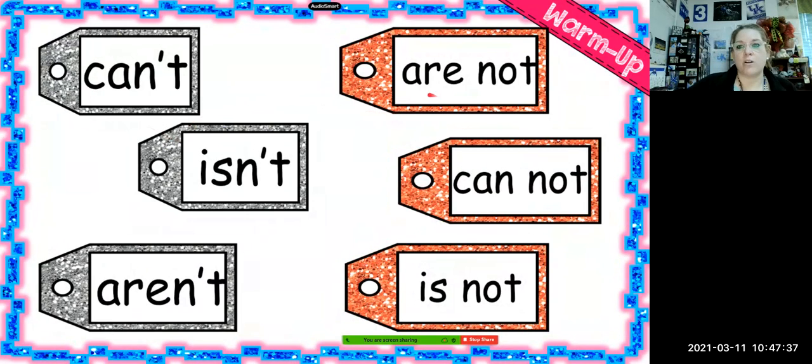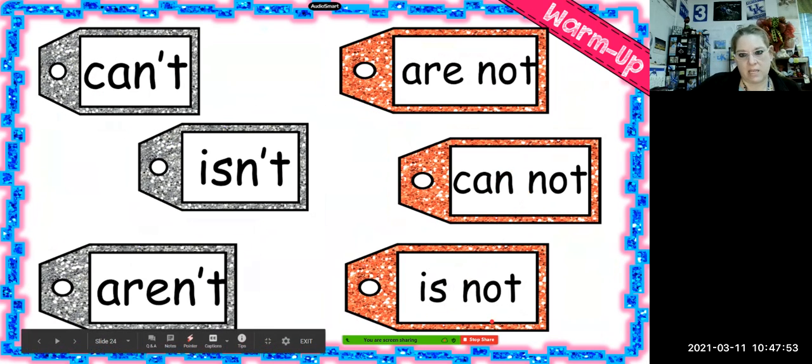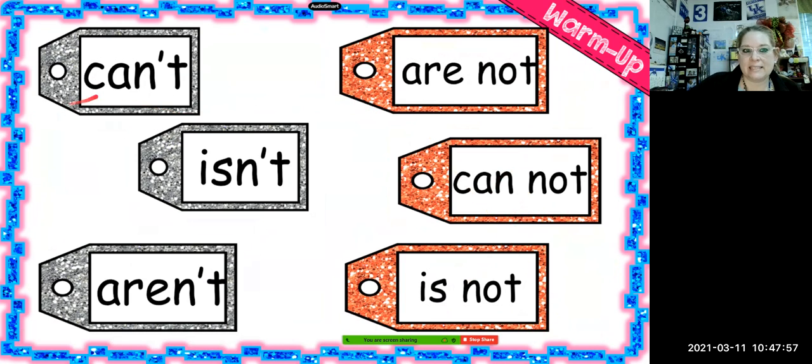So, does are not start with can? No. Does cannot start with can? Yeah, it does. But remember, we always need to check all of our possible choices. Does is not start with can? No. So can't must be the contraction for cannot.